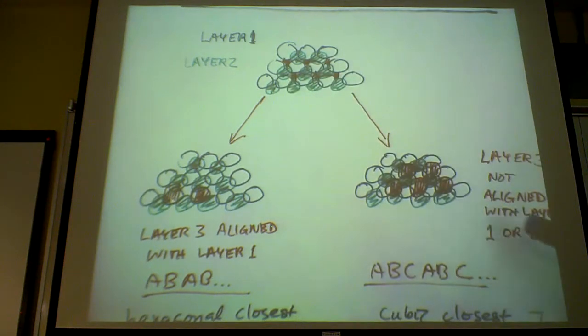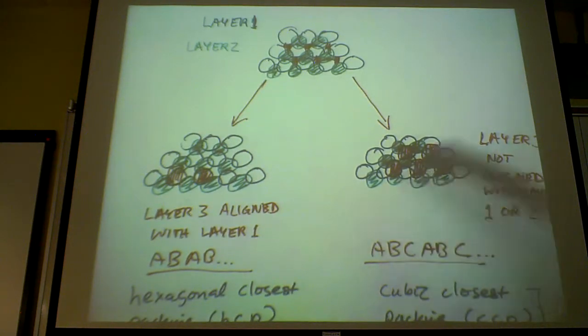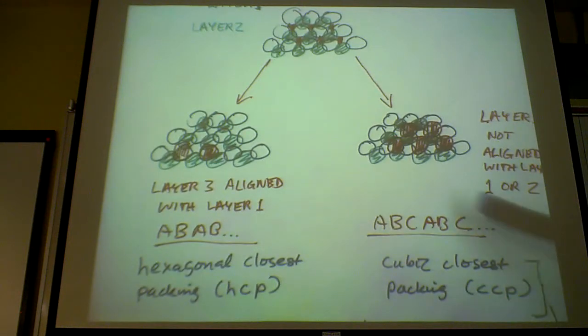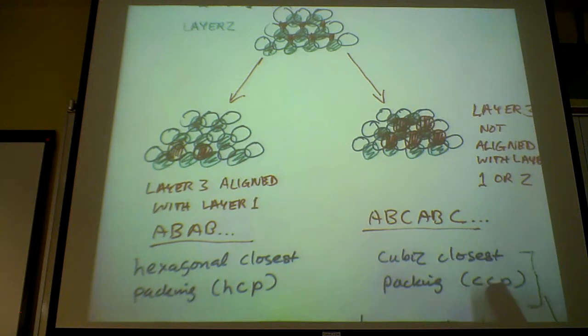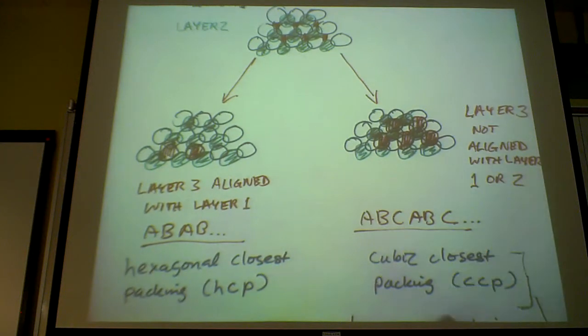So this will be an ABC type structure, okay? And the ABC type structure gives you the so-called cubic closest packed structure, which is equivalent to face centered cubic.